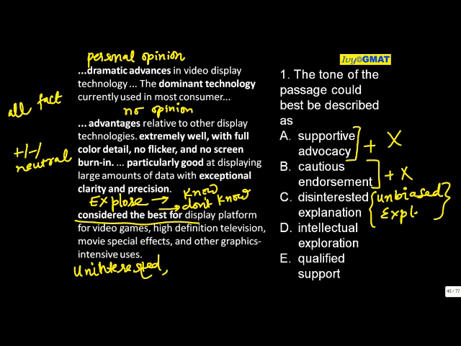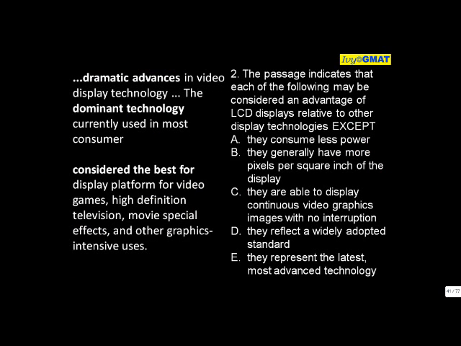This approach will not let you down in any case. Whatever I am telling you about Octave, this will be perfect. Let's see. I told you, avoid superlatives. Did I say that? Avoid extreme answers. How many options contain superlative in this, please tell?